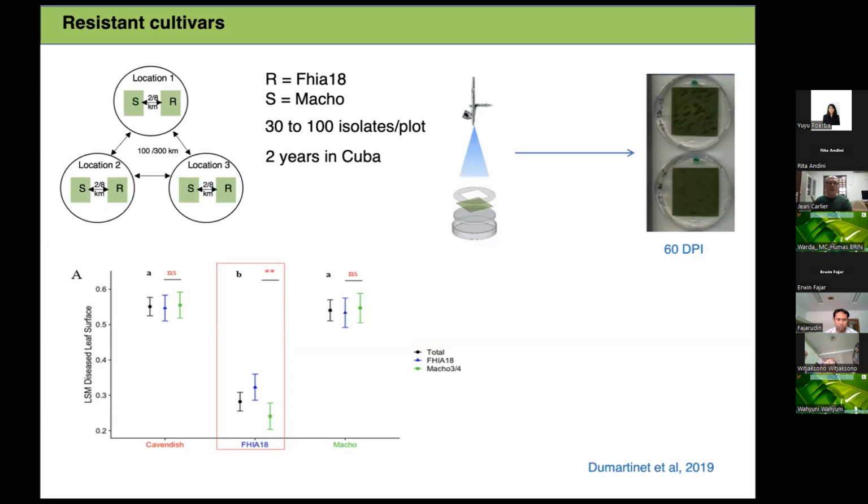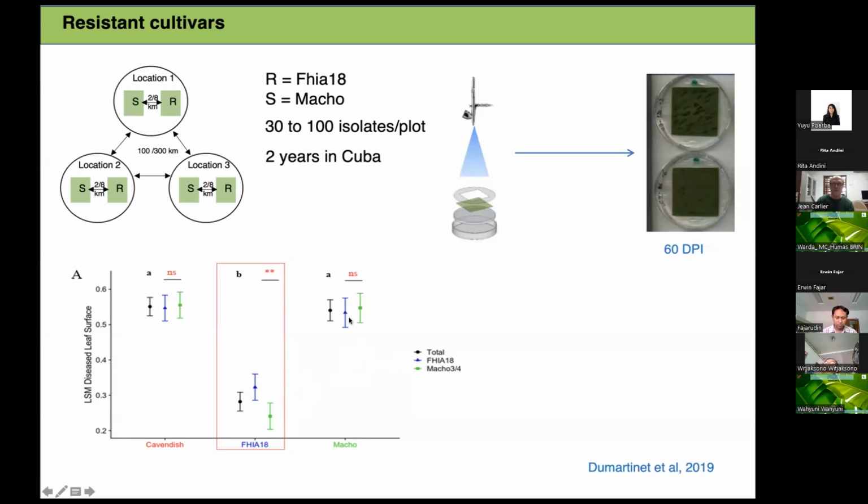And we compared these samples with an inoculation method under controlled conditions on leaf fragments that we have developed in my team. Using this cross-inoculation experiment, we were able to show that the isolates coming from the resistant hybrids, the ones in blue here, were significantly more pathogenic on these hybrids in comparison with the susceptible control.